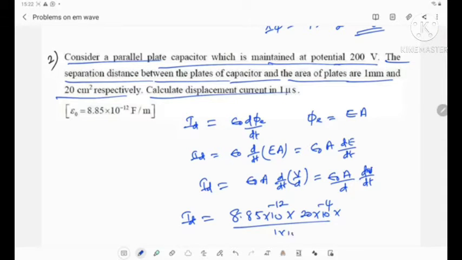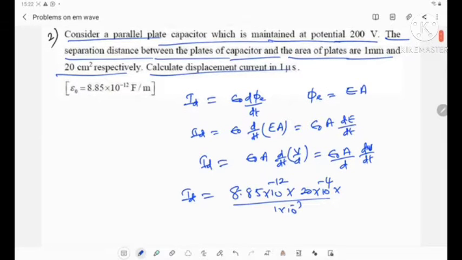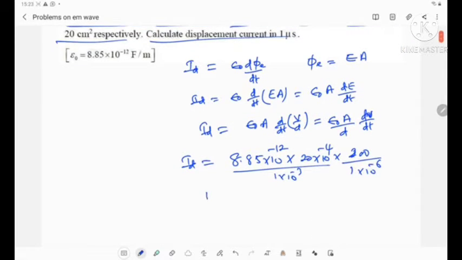This becomes 1 into 10 to the power of minus 3 meters, and dV by dt, potential is 200 and time is 1 microsecond, that is 1 into 10 to the power of minus 6 seconds. With this, ID is equal to 3.5 into 10 to the power of minus 3 amperes. This becomes 3.5 milliamperes. This is the final answer.